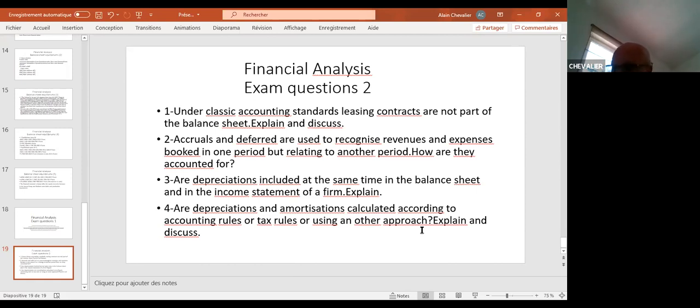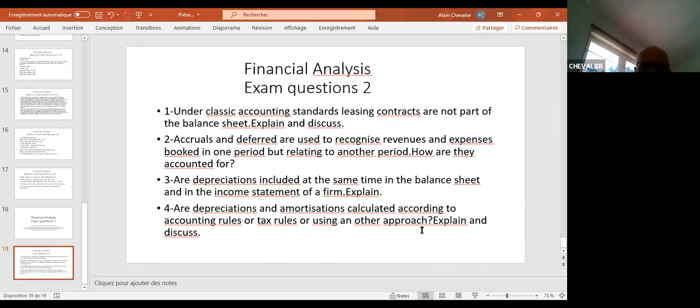This is the result of the introduction of the tax rule and of the economic forecast of the proxy of the economic use of the equipment. So this is what I wanted to tell you on depreciations at that level.